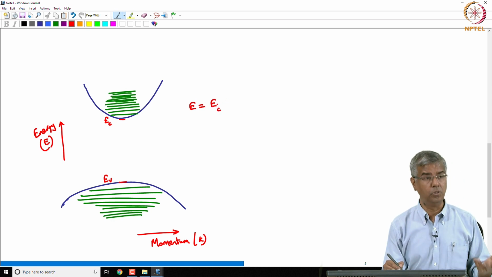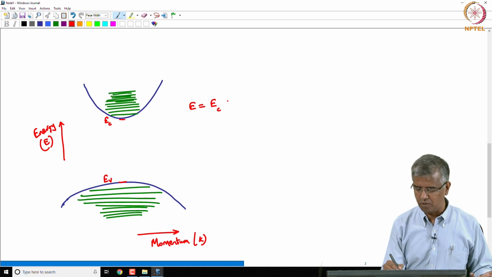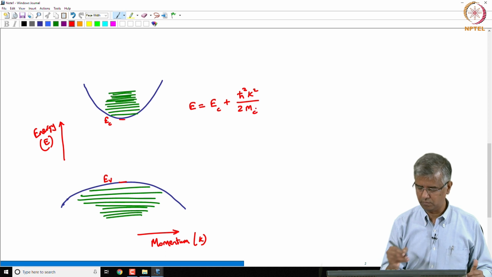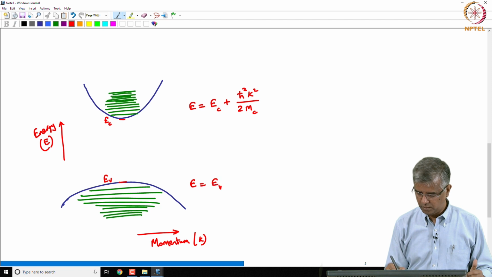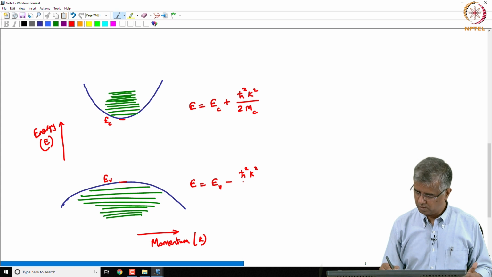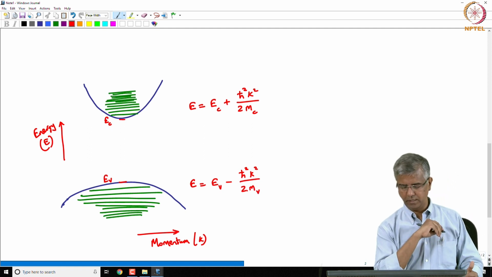I am just giving you a solution of the Schrodinger wave equation. I am not solving it here in the interest of time, but the solution would work out to be something like this, right. And over here the solution is EV minus h cross squared k squared over 2 m_v. h corresponds to the Planck's constant, and h cross corresponds to h over 2 pi, right, and k is the momentum.